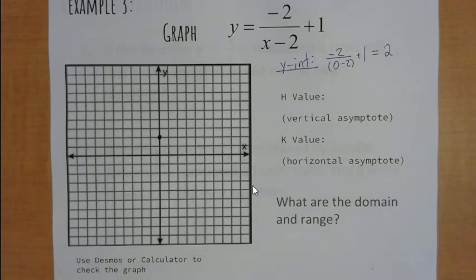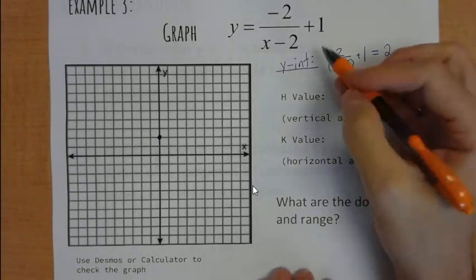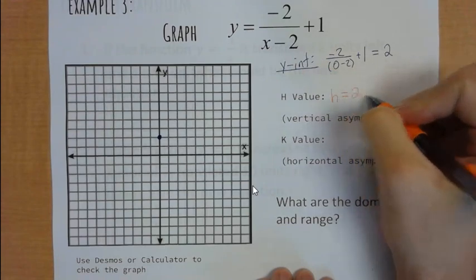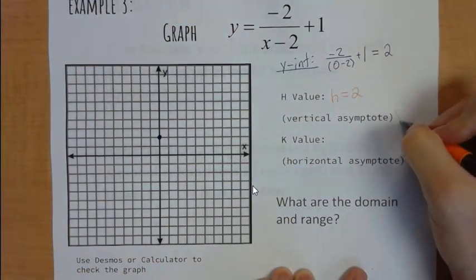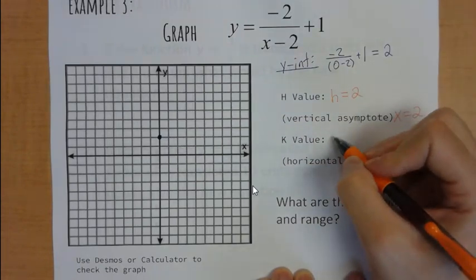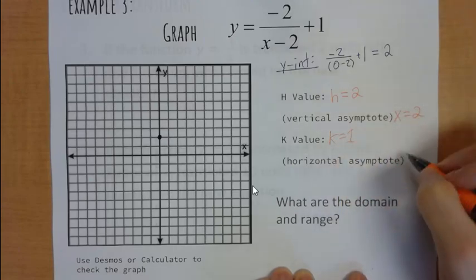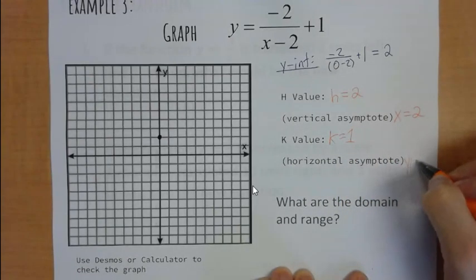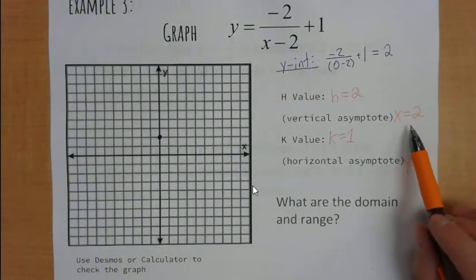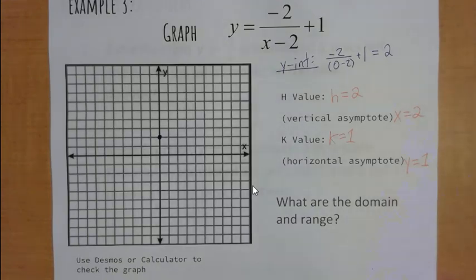And now we can look at our h value. It's going to be the opposite of this -2, so that we have h is equal to 2, and our vertical asymptote is x equals 2. Our k value is a 1, and that means our horizontal asymptote is y equals 1. So I'm going to draw a vertical dotted line at x equals 2, and a horizontal line at y equals 1.